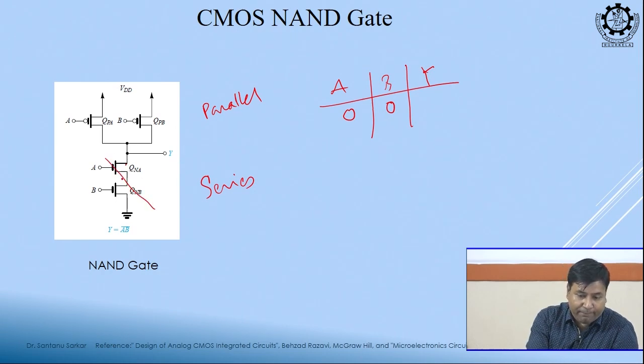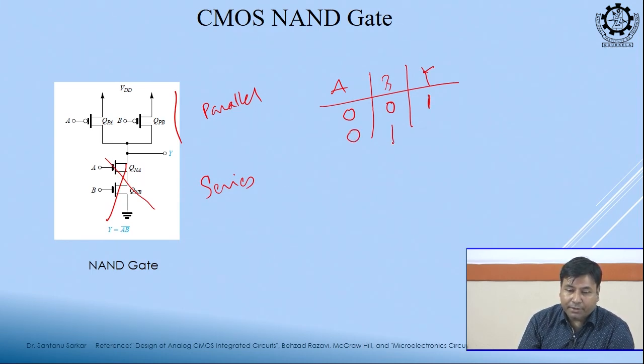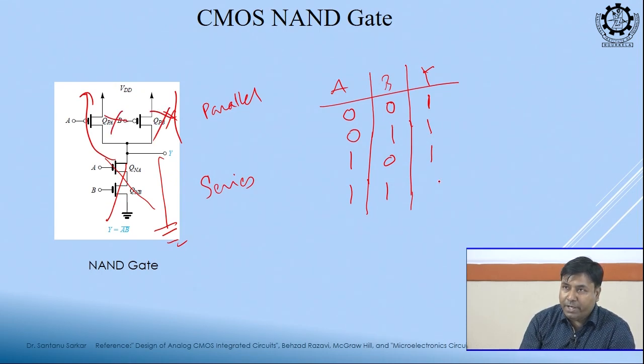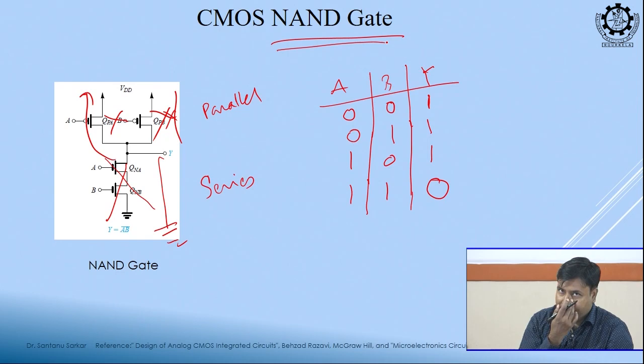This path is totally broken, the output can only go to 1. 0 1, one is off, but the other is on, still it will be connected to VDD and this path is still broken. 1 0, same thing. 1 1, this path is now shorted to ground and these two paths are broken. So, it should be 0. So, which gate is this? Okay.